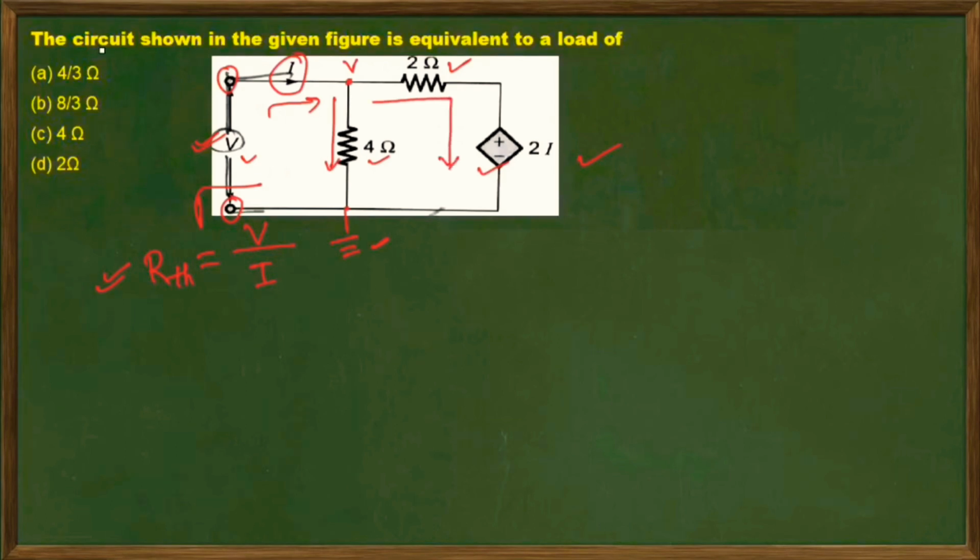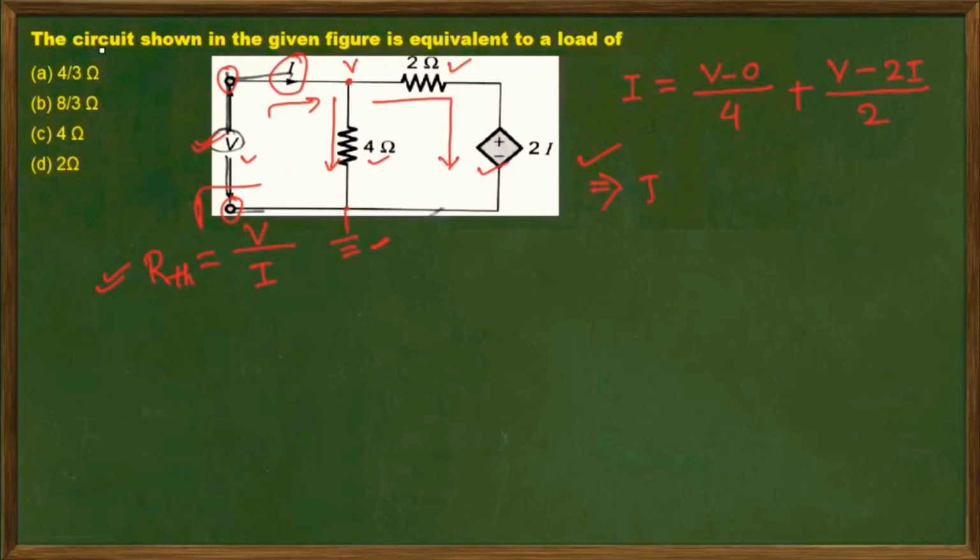So let's write down: the current entering, I, equals the sum of total leaving current. So this is V minus 0 divided by 4 plus V minus 2I divided by 2, that is net voltage divided by net resistance.